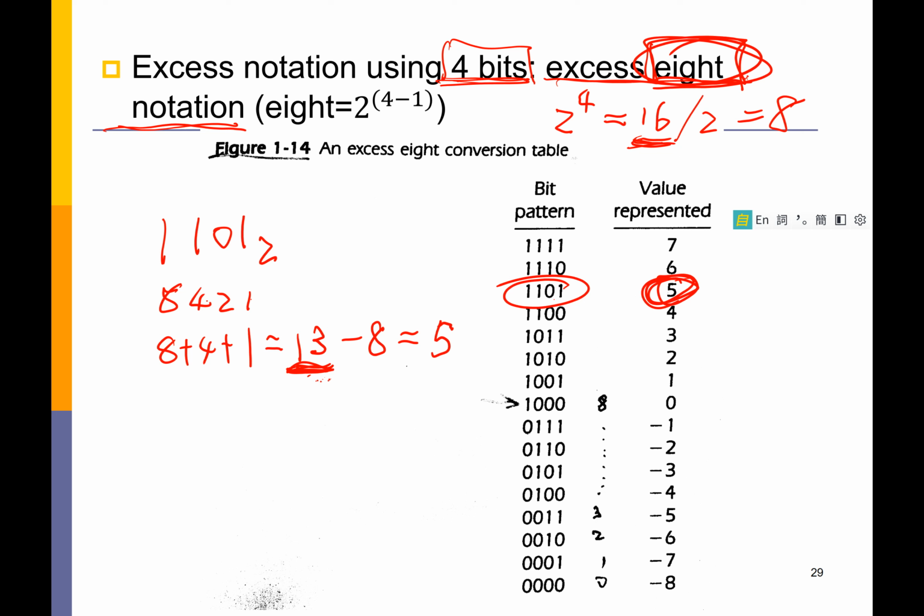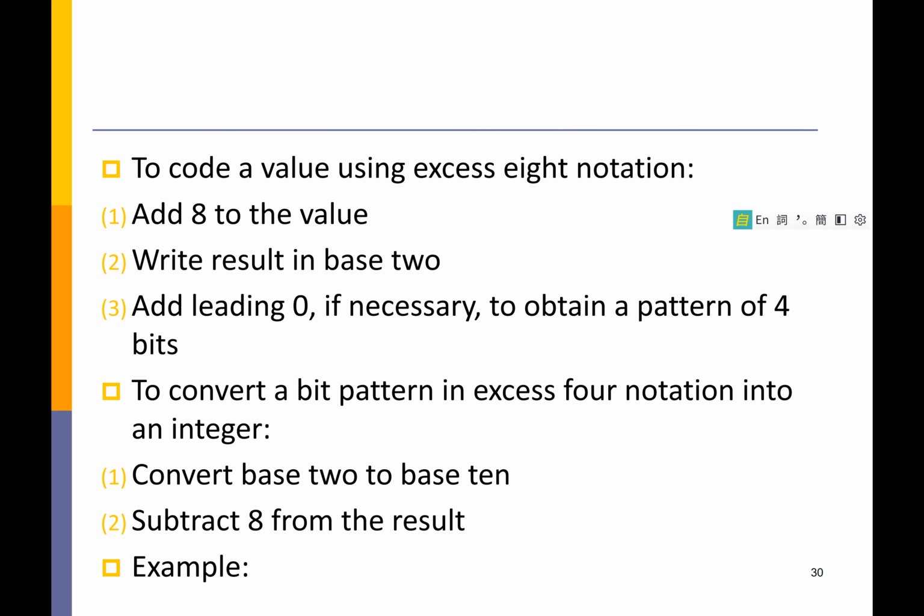So we have an SS8 using 4 bits. How do we get SS8? You know you are using 4 bits, it is 2 to the power of 4 minus 1. So this is how we get A here.